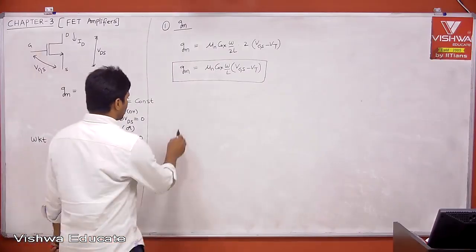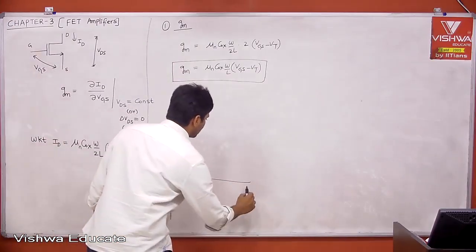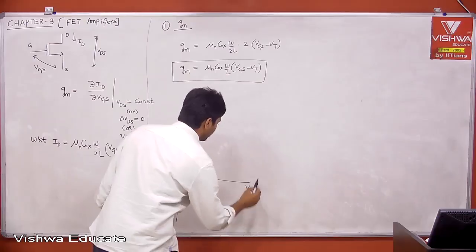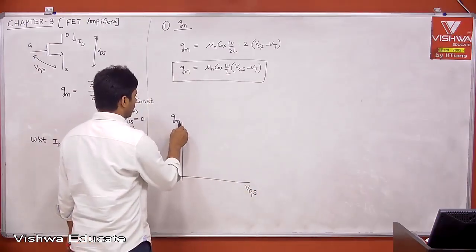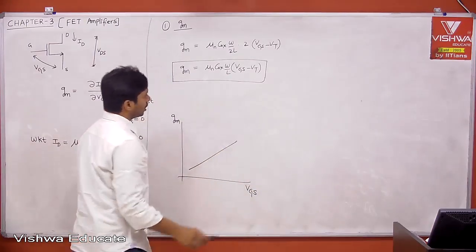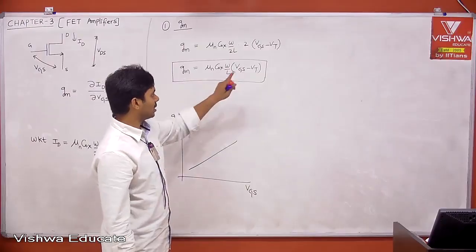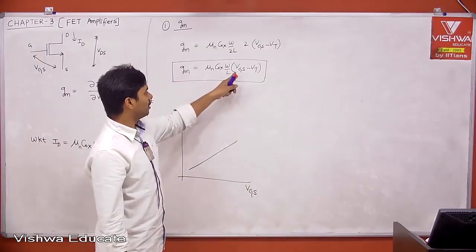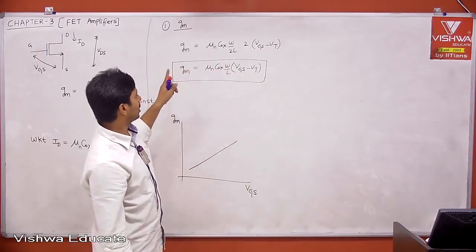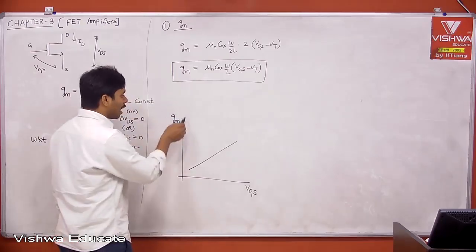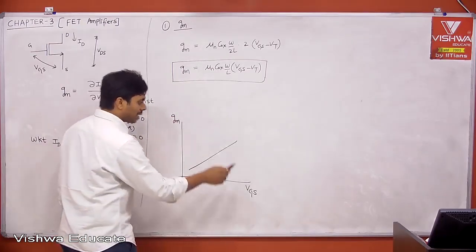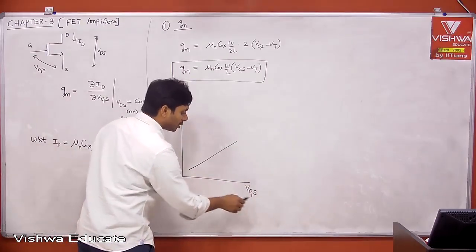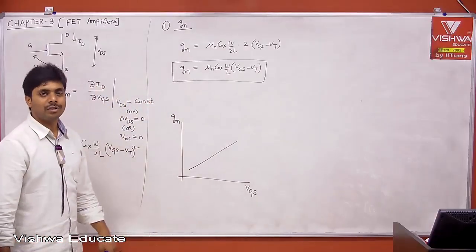Now, if you ask me what is the GM with respect to VGS minus VT or VGS, okay, this is your GM, then tell me, can I say this is linear? Because Y is equal to mx plus c, whatever may be. Therefore, if VGS is increasing, your GM will increase. Therefore, the AC parameter GM is depending on the DC input operating voltage. That is what I want to say. I already told, right?